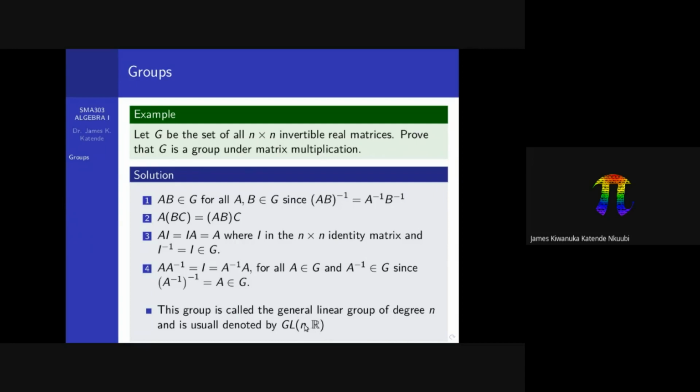And n here simply means they are n by n matrices. So this is called the general linear group of degree n. And it contains only the invertible matrices, no other type of matrices, only the invertible ones.